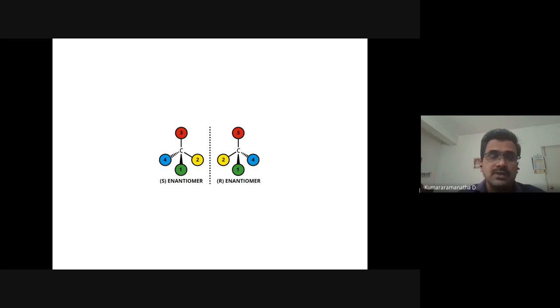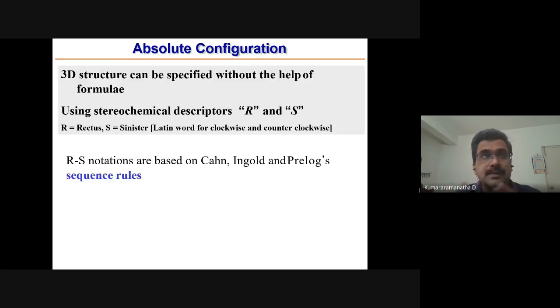Now, yesterday at the end of the class we were also talking about how to label or assign descriptors for a chiral molecule, whether it is R or S. These stereochemical descriptors essentially give an absolute configuration, R or S, which is rectus or sinister, the Latin words for clockwise and counterclockwise.